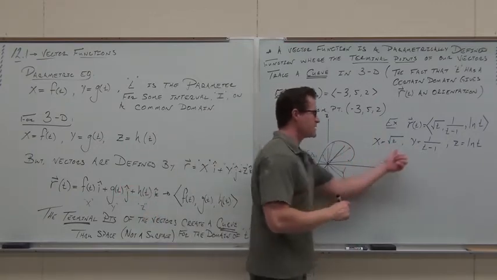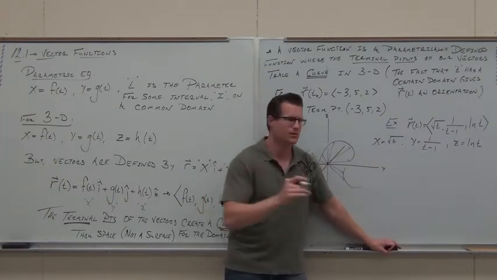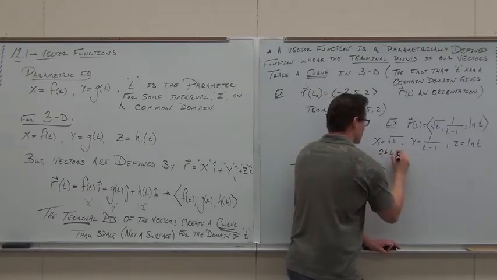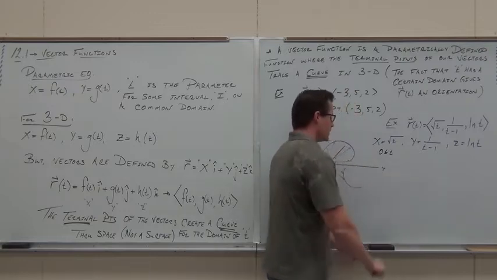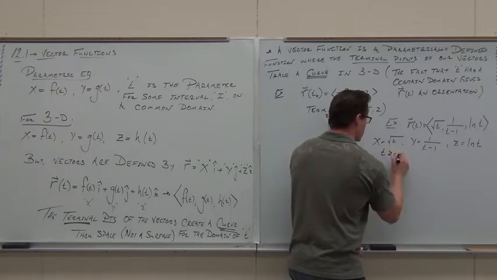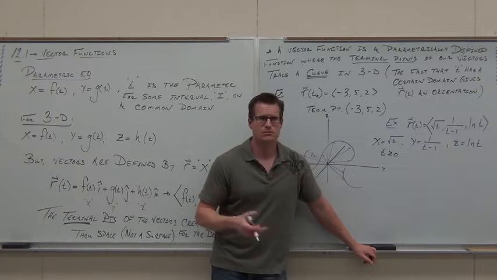Can you tell me what t has to be, just for the x-coordinate? Everybody, come on, what's t got to be? It's probably easier to do it this way, though. So t's got to be greater than or equal to 0. Yes, no?